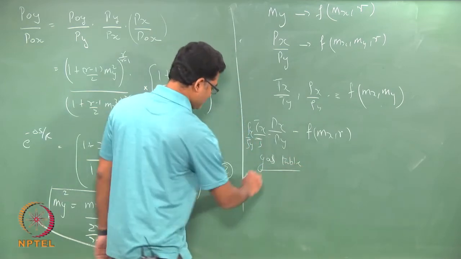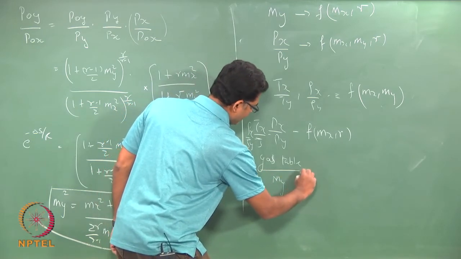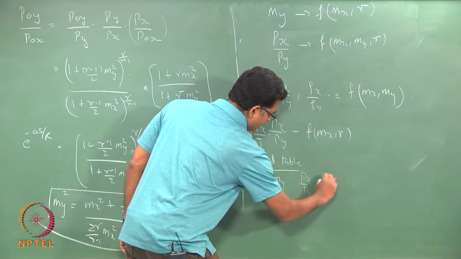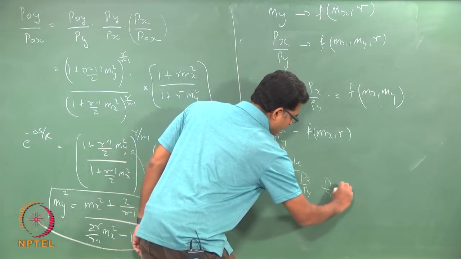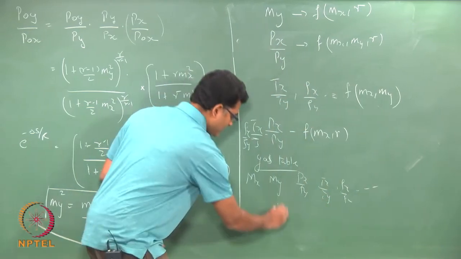So, in the gas tables for every Mx you will have a My and you will have a px by py, Tx by Ty, rho x by rho y and so on.